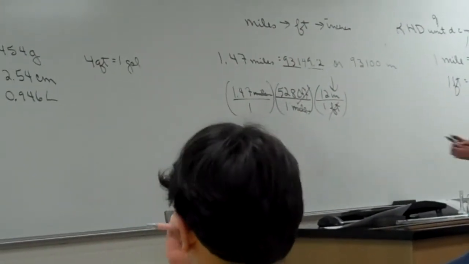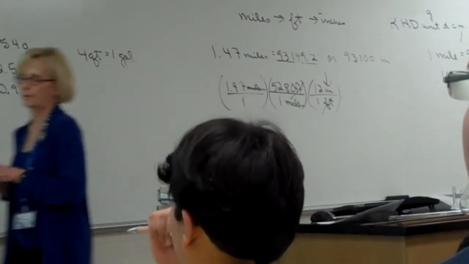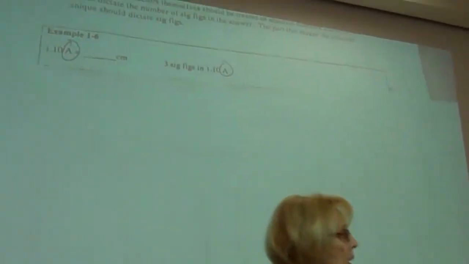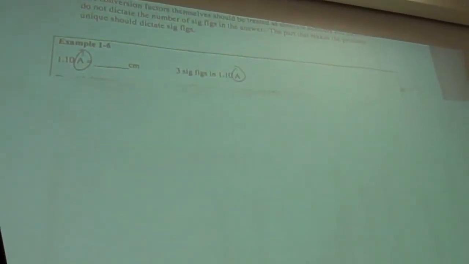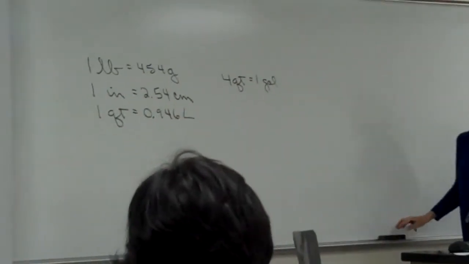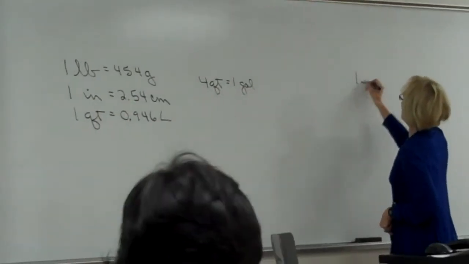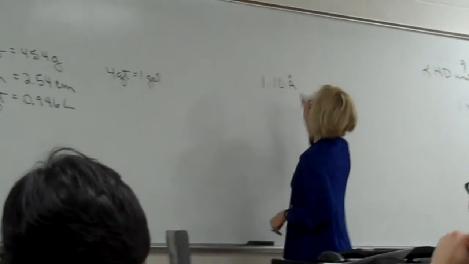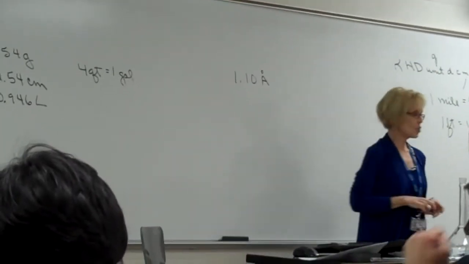Okay, then let's take another real quick one here. Okay, 1-6. Remember the thing about angstrom that I put up here? We have some atom, and its radius is 1.10 angstroms.